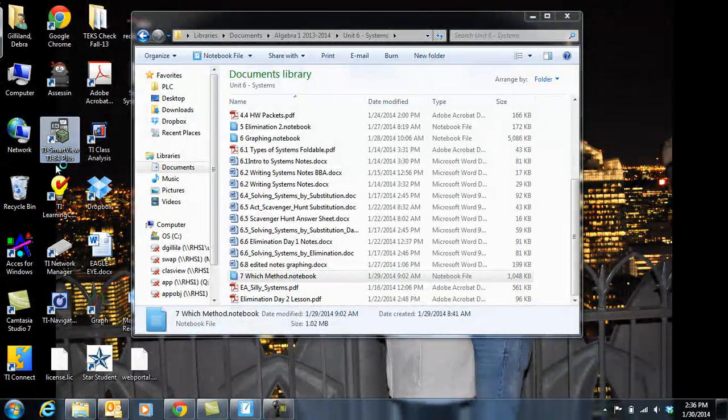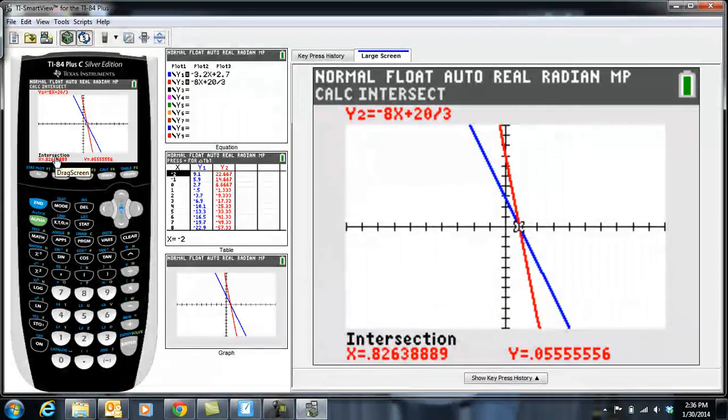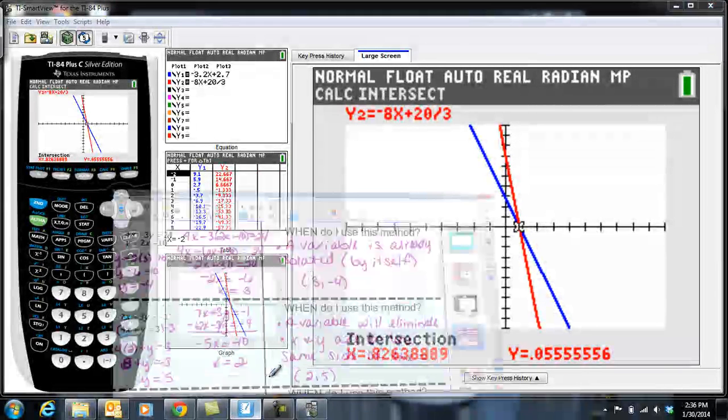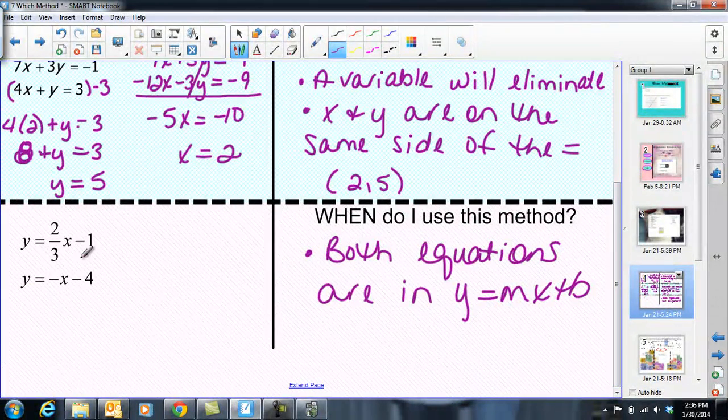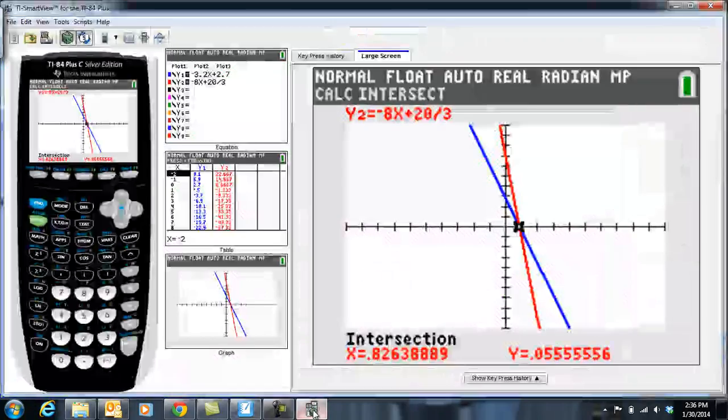I apologize for the pause. Okay, so I have my calculator up, and according to my problem I have over here, I have y equals 2/3 x minus 1 and y equals negative x minus 4.